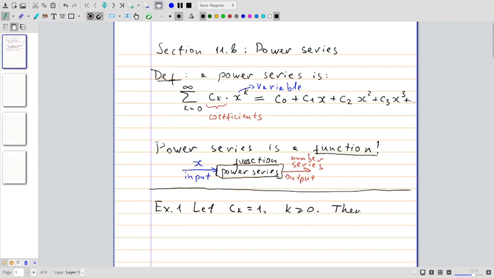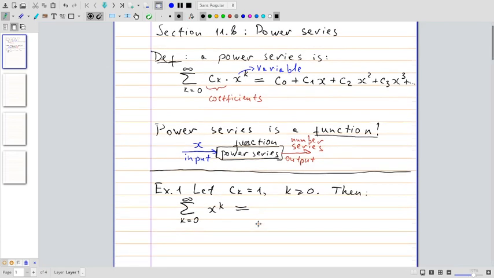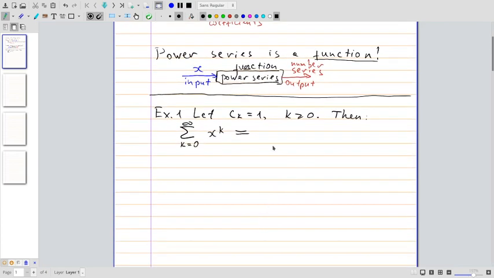Then what we are looking at is the sum k from 0 to infinity, x to the k. There are no ck's, we just multiply x to the k by 1. That's it. And if you write the first terms of the sum, they look like this. They are 1, so that would be x to the 0th, plus x, plus x squared, plus x cubed, and so on.